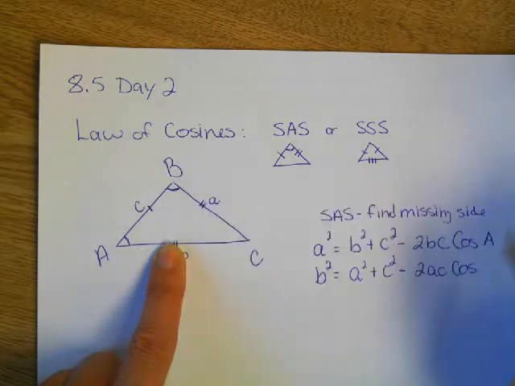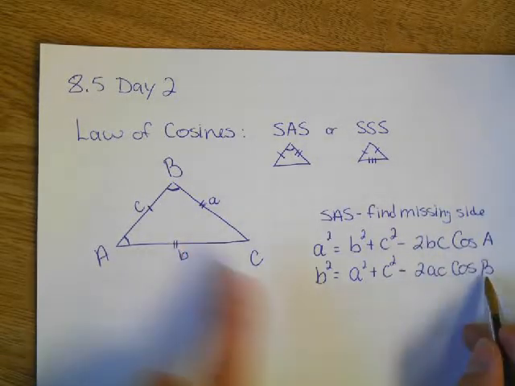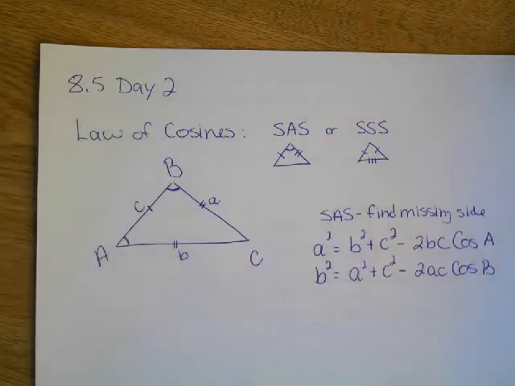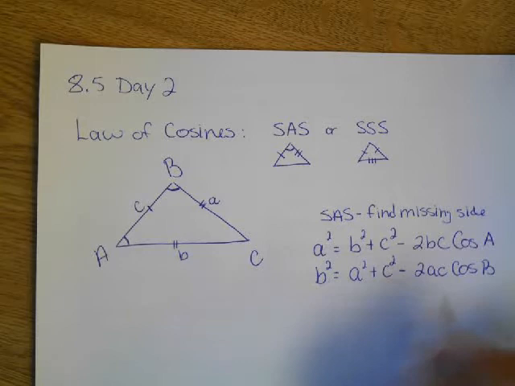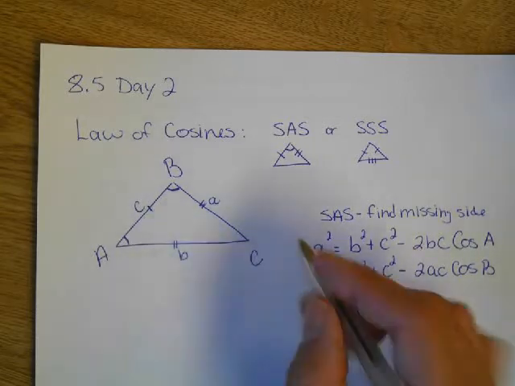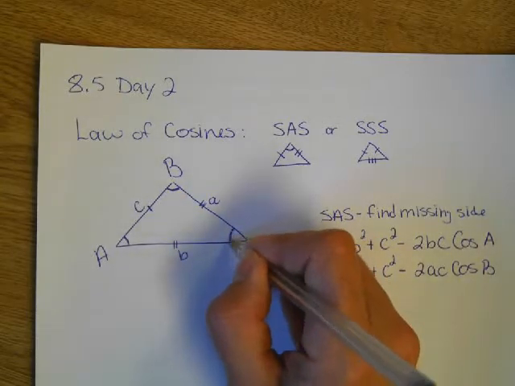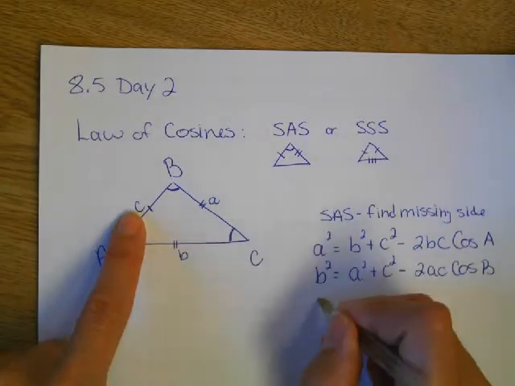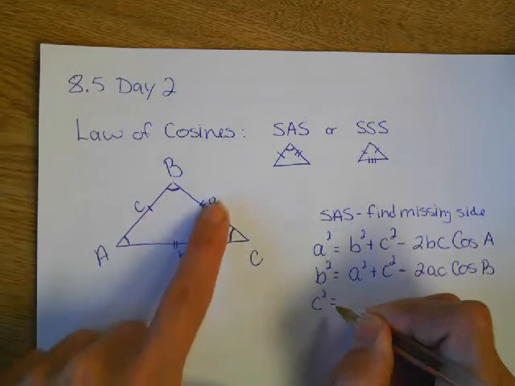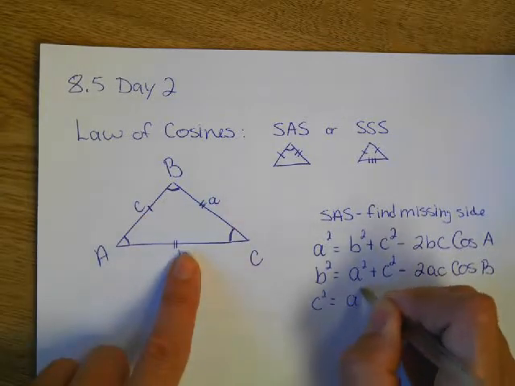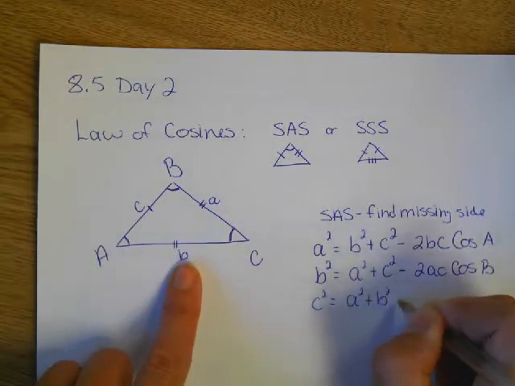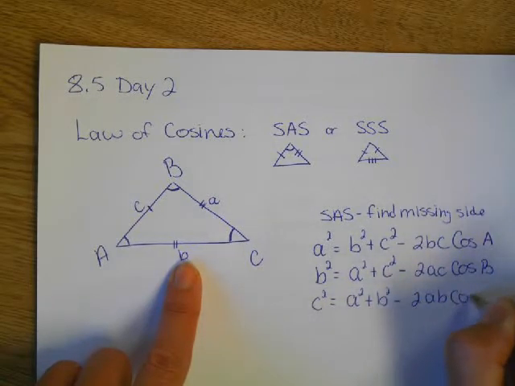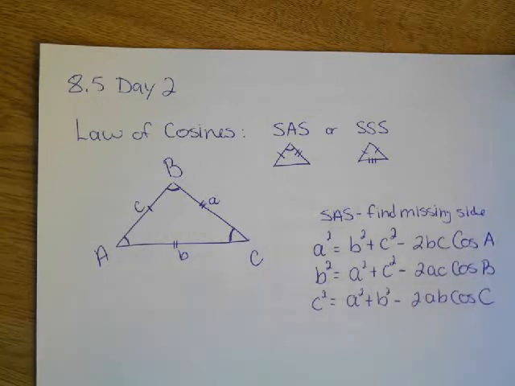That known angle was B. So finding B, you know angle B. And then the third version of it, if we rotate around, not that we have to write all these down, would be if we knew angle C, and then we would know A and B. So little c would be the first thing we would find by taking the two known sides squared and added. Then subtract 2 times A times B times the cosine of angle C.